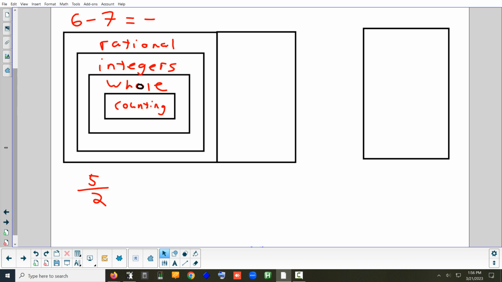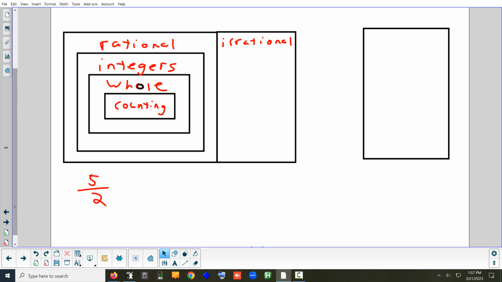When we start to move beyond rational numbers, that's when we start getting into numbers that are more abstract, numbers that the average person doesn't really use as much in everyday life. Does anybody know what the opposite of rational numbers are? Yep, irrational. Now, when we get into irrational numbers, there's really a couple different examples.